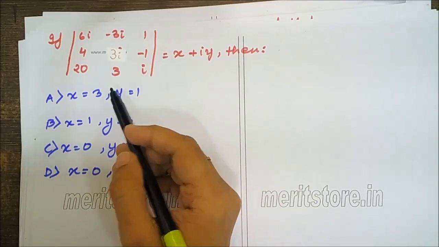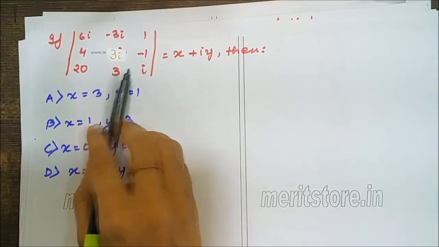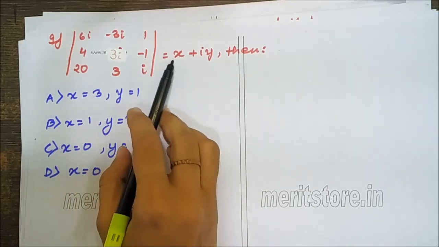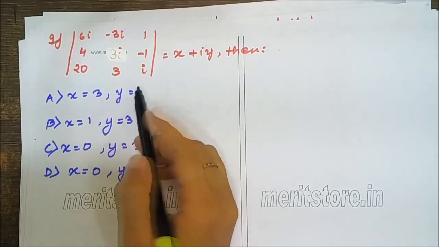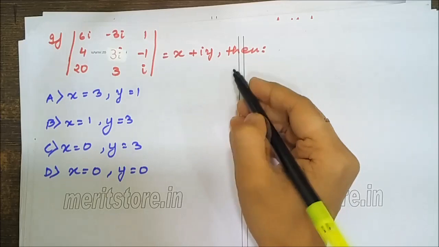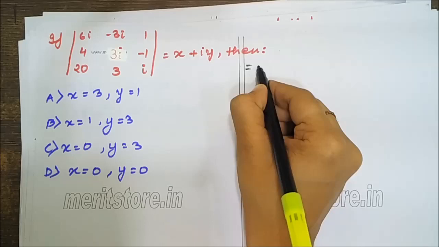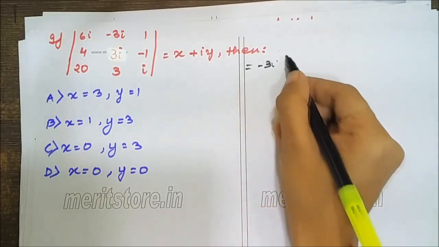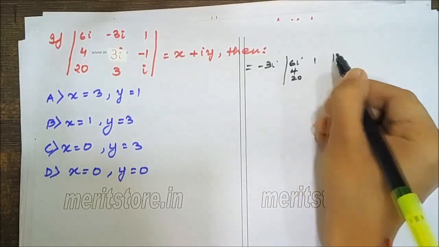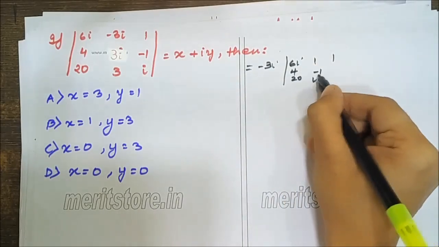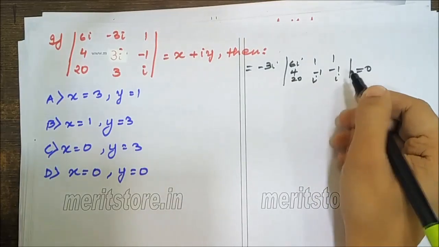If the determinant with entries 6i, minus 3i, 1, 4, 3i, minus 1, 20, 3i is equal to x plus yi, then you have to find x and y values. So, coming to determinants, you get here minus 3i, 6i, 4, 20, 1, 1, minus 1, i, minus 1, i equal to 0.